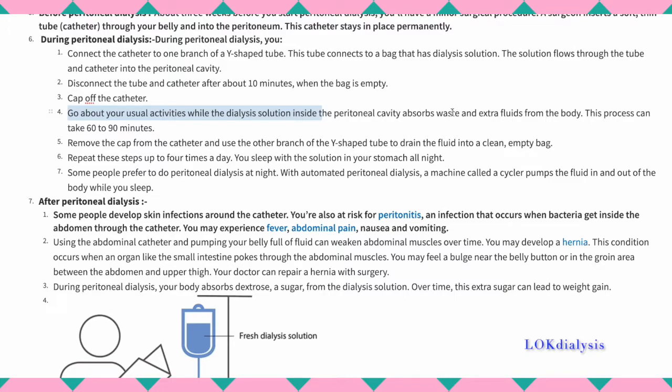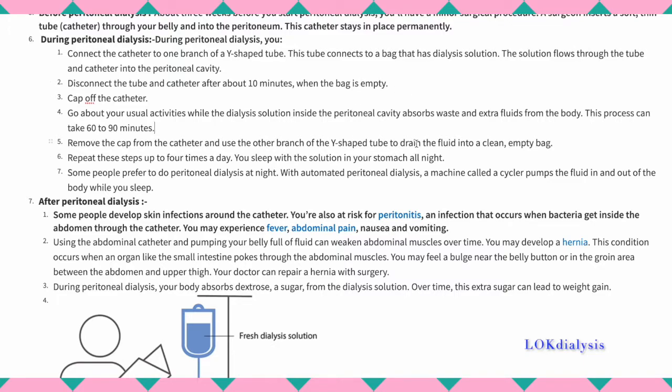So after 60 to 90 minutes, we remove the dialysate fluid out of the body through the second tube of the Y-shaped connector, and that fluid is moved into another drain bag, and now we will measure the amount of solute which we have removed out of the body, and also how much fluid is removed.